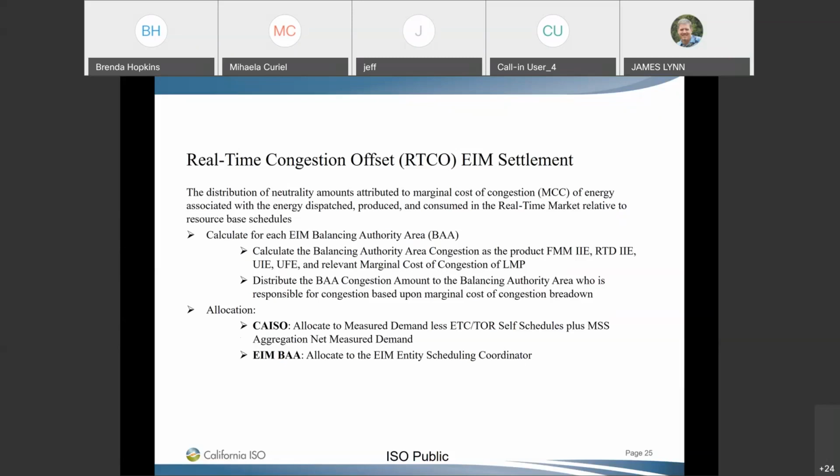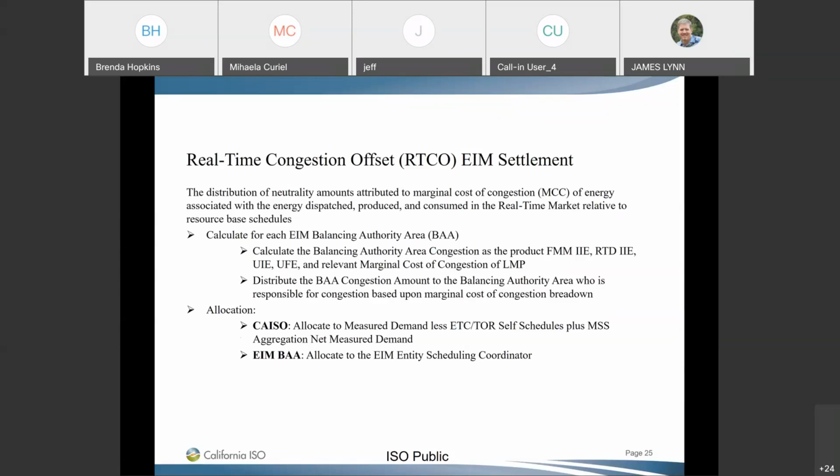Now, all those calculations are available for view in the BA bill determinant files. You'll see that your megawatts are this, here is the breakdown price, and then it'll give you what your total congestion neutrality allocation imbalance is.